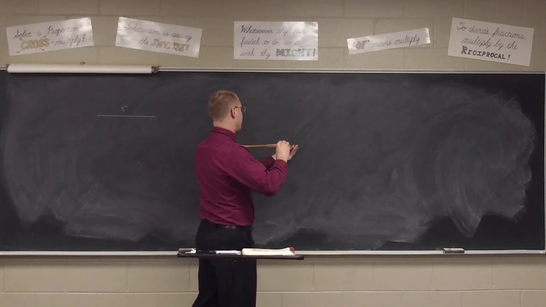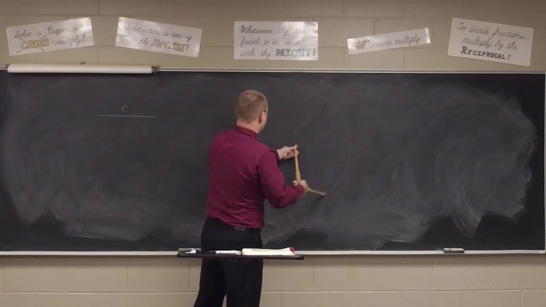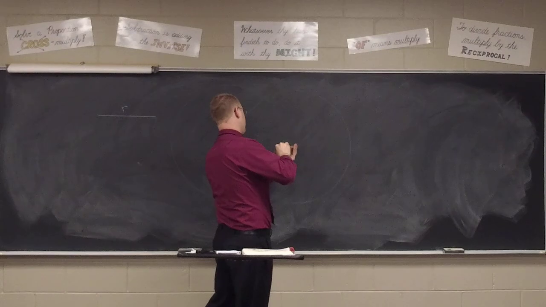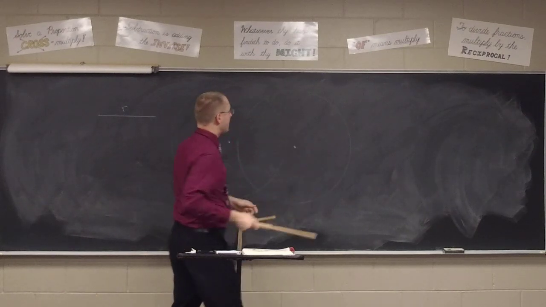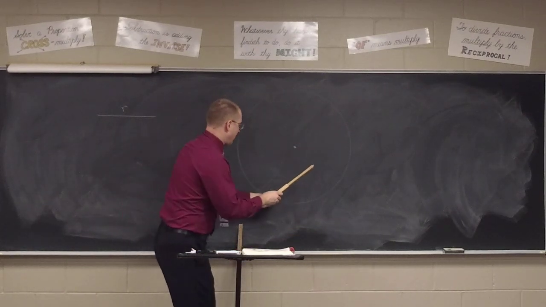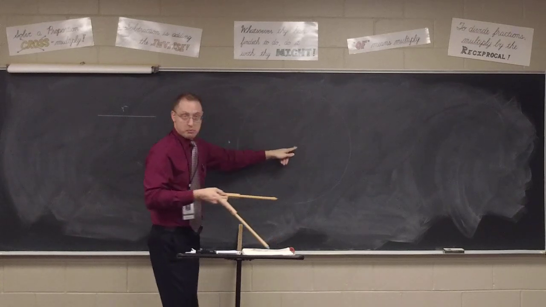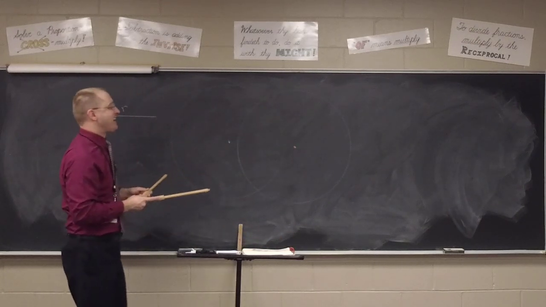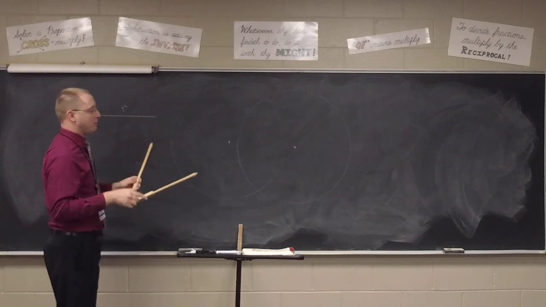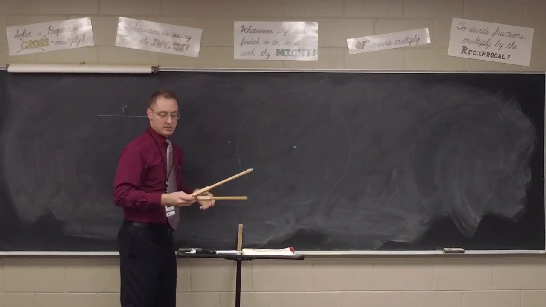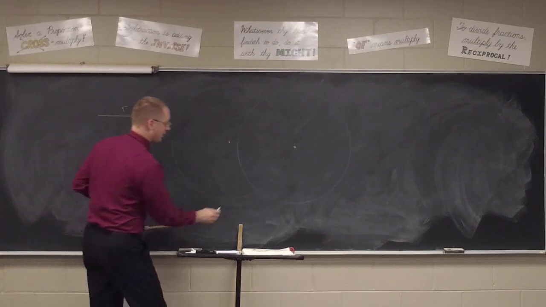Because you realize, if I can finish the whole circle here, anywhere along here, I could put the point of the compass, and it would go through this point, right? But I want to find a point where I could put the compass, and it would go through both of these. Hopefully you see it already.